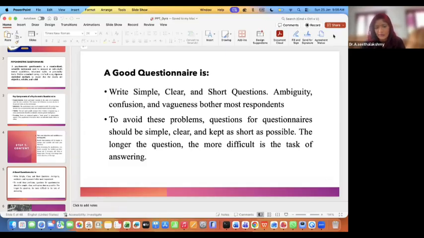You need to detail your question in such a way that it is simple, easy to read, clear, short, and there is no ambiguity. It should not be vague and should not give the respondent a vague answer, or leave the respondent thinking, okay, this is fine, or doubtful about it.